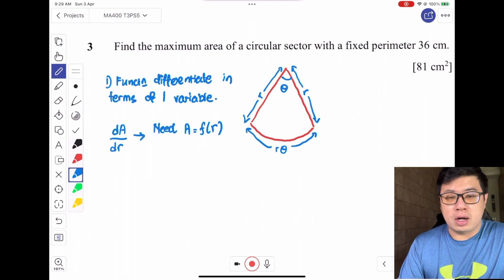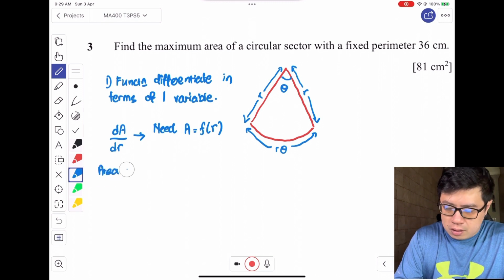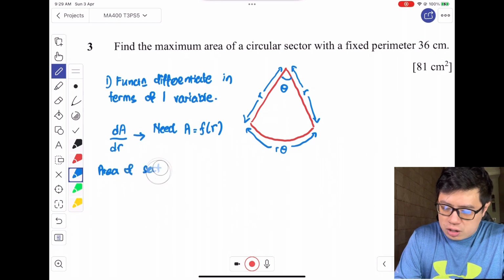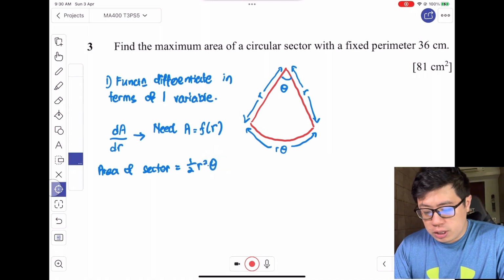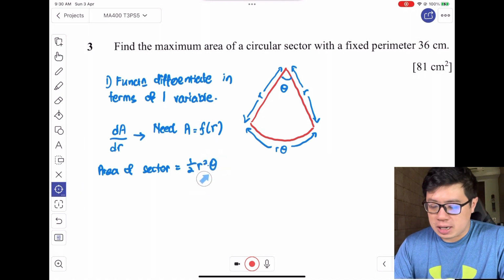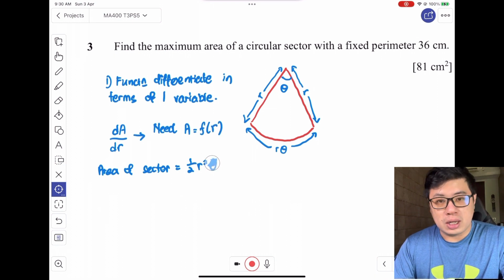Now we know for sure that the area of a sector formula is equal to half r squared theta. The issue here is that there are two variables, r and theta. If we want A as a function of r, then the theta has to go away. So how do we replace the theta in terms of r?